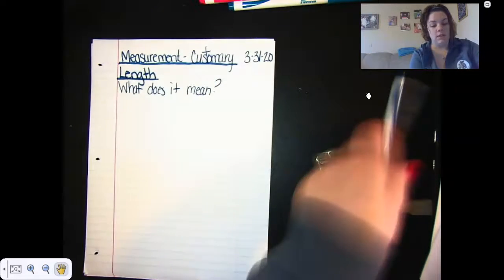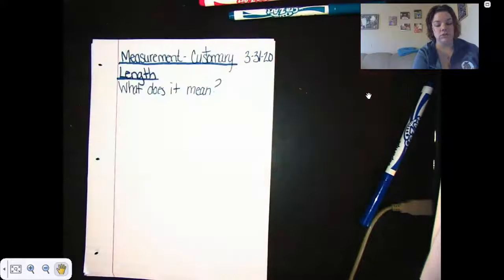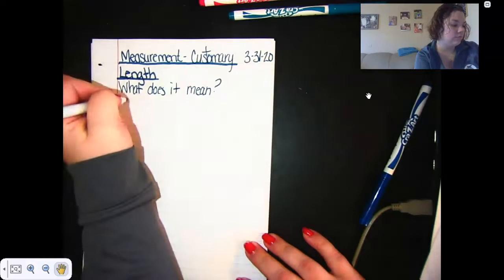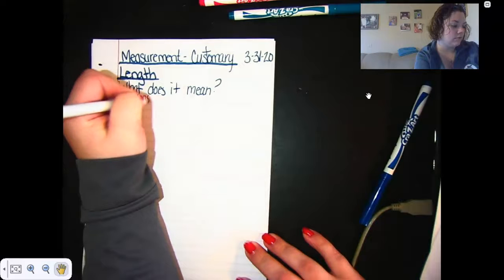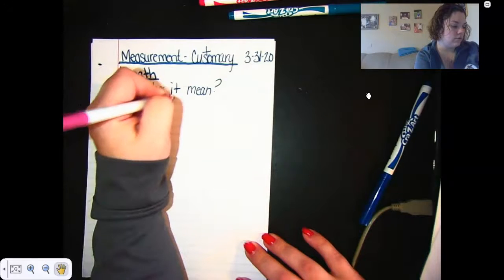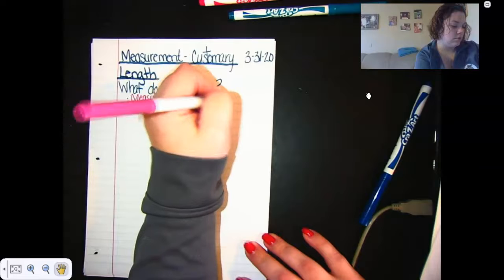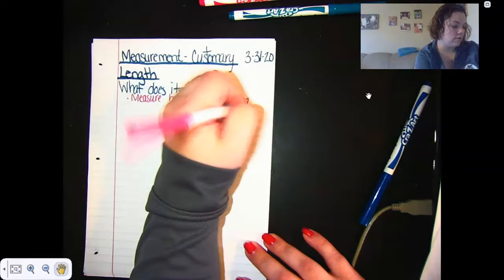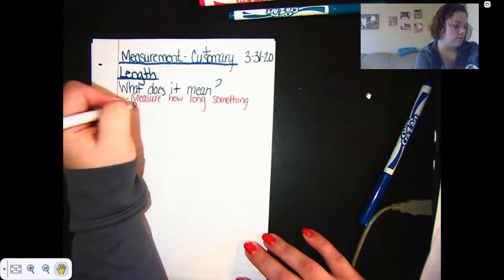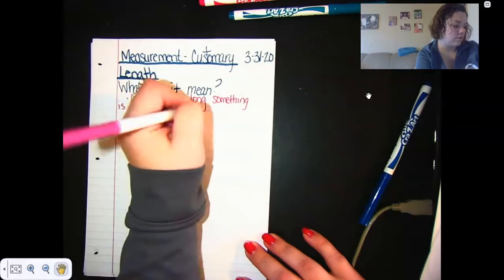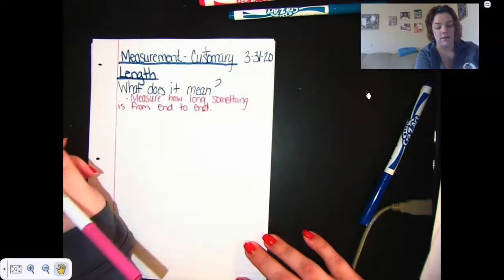Length means to measure how long something is from end to end.